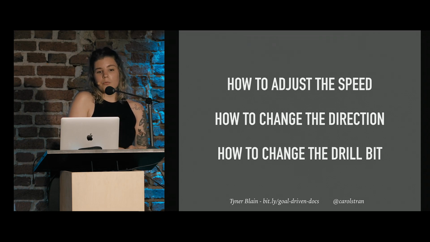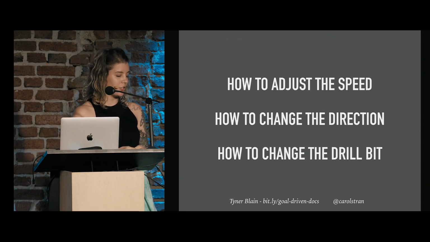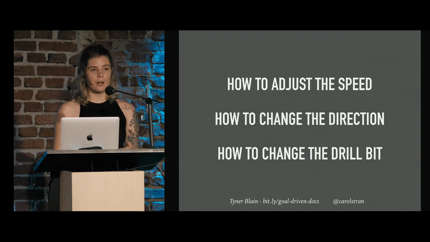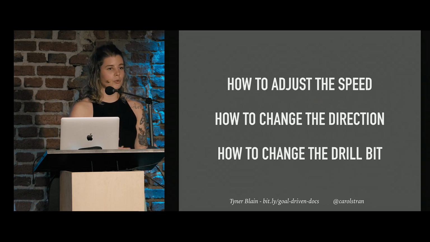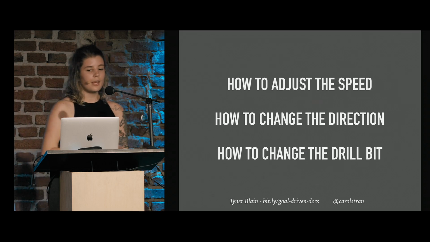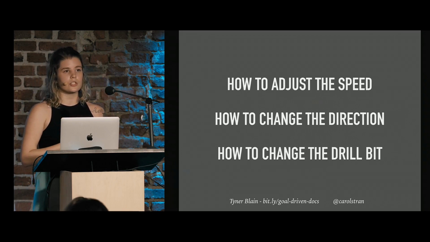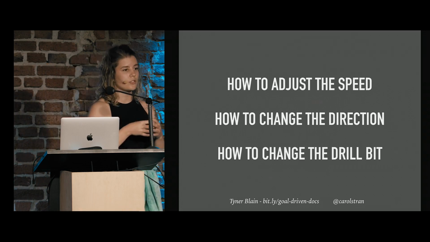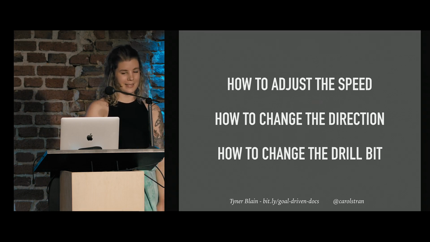So we would learn how to adjust the speed of the drill, how to change the direction of the drill, and how to change the drill bit. So now you know how to operate a drill, but not actually how to accomplish anything with it. And these are examples of reference documentation. Reference documentation is information-oriented. They describe the machinery, and they're usually accurate and complete.